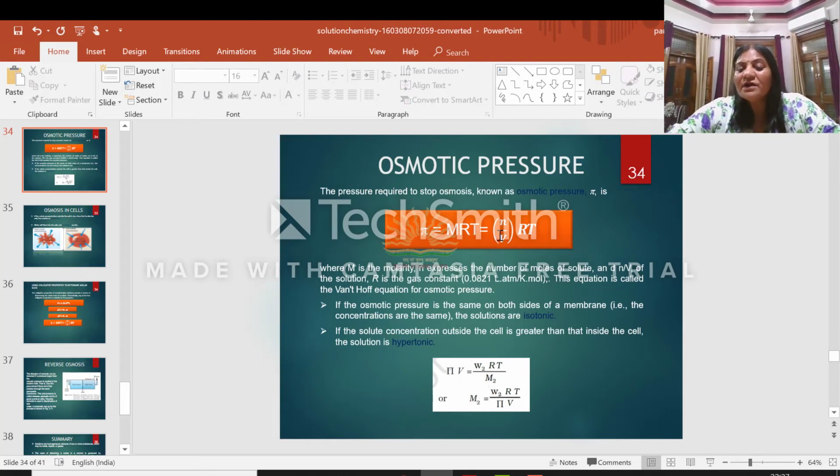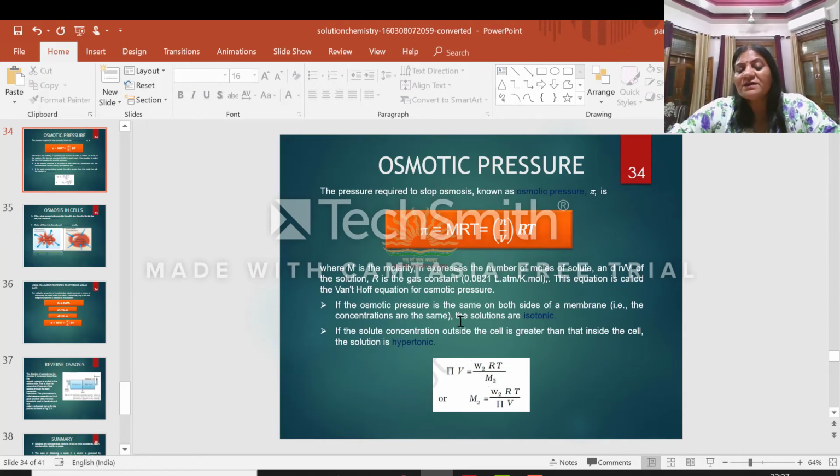We can write the molarity as number of moles of the solute dissolved in V volume, into RT, where m is the molarity, small n is the number of moles of the solute, and V is the volume of the solution, R is the gas constant, whose value is 0.0821 liter atmosphere Kelvin inverse mole inverse. This equation is called Van 't Hoff equation for osmotic pressure.